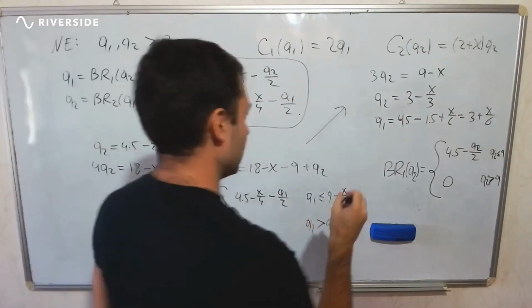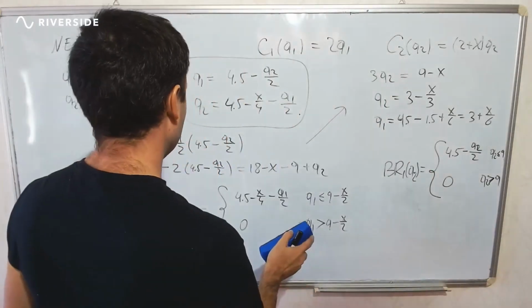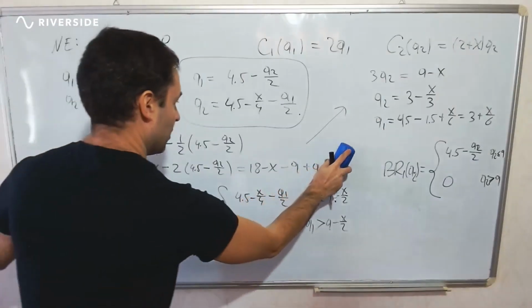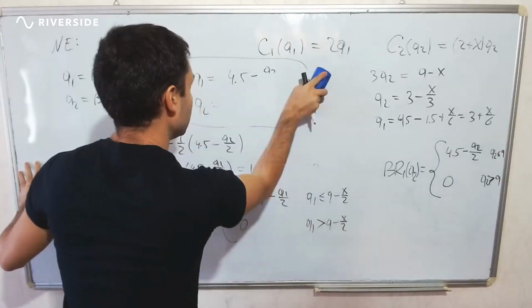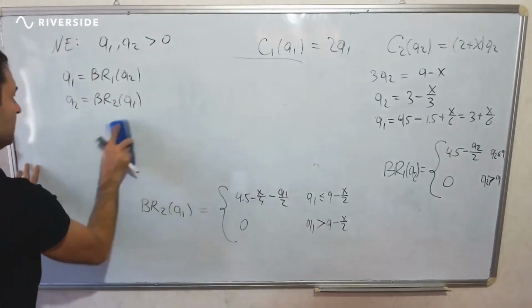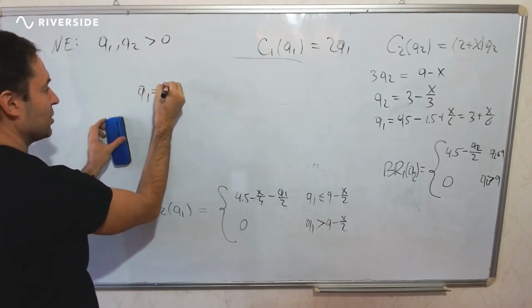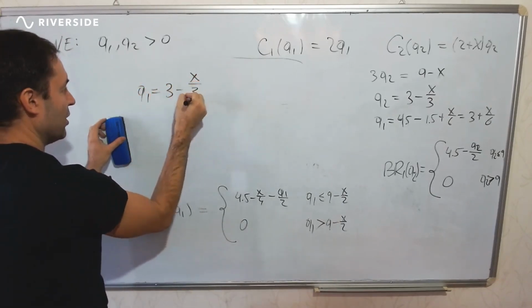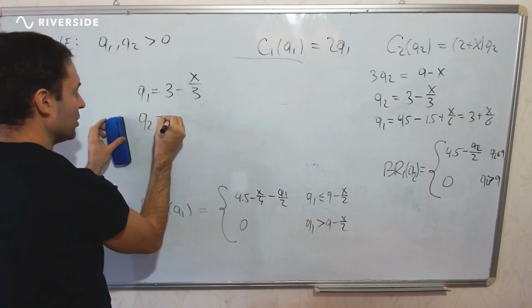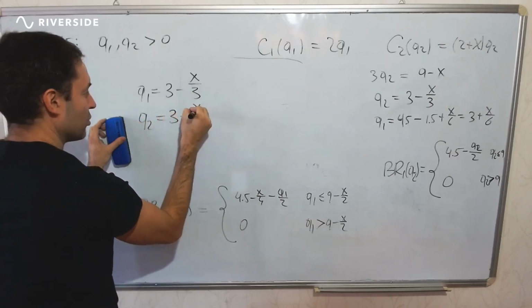And therefore we have our Nash equilibrium. So Q1 is 3 plus x over 6, Q2 is 3 minus x over 3.